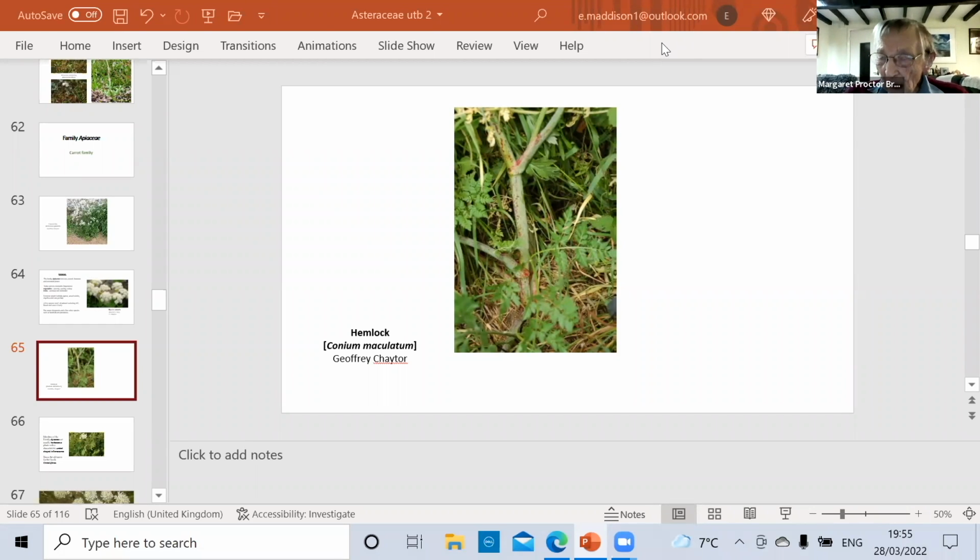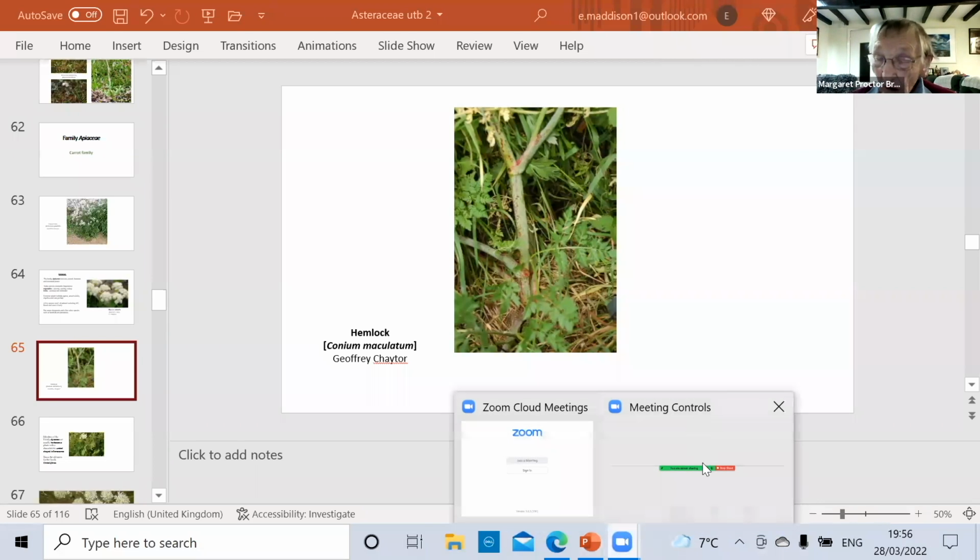It's an annual. It appears on the roadside verges in the sort of August time, the late summer. It is very upright, almost as if it's in a straitjacket. It looks like a rather pretty little cow parsley. Everything's a bit smaller. It's pinky mauve in colour, and the stems are decidedly rough.